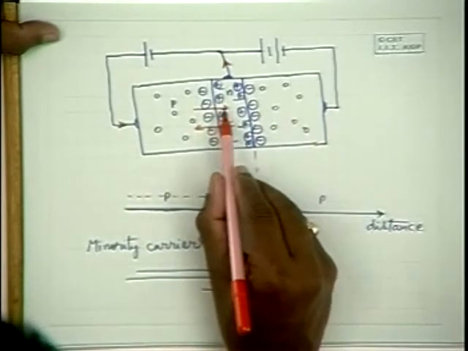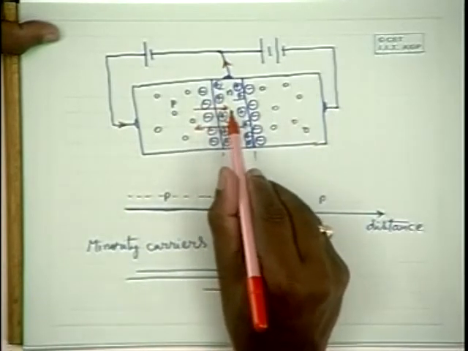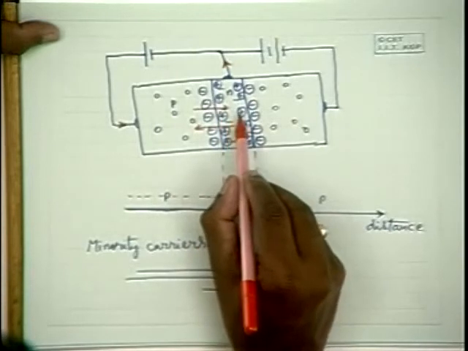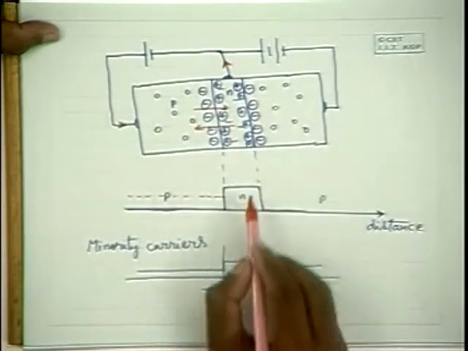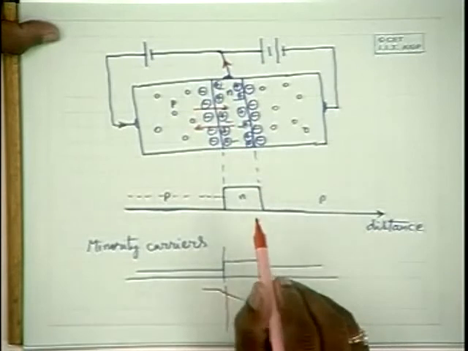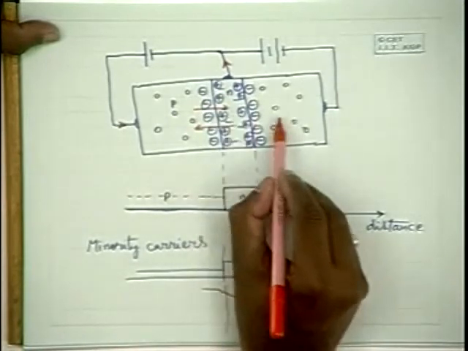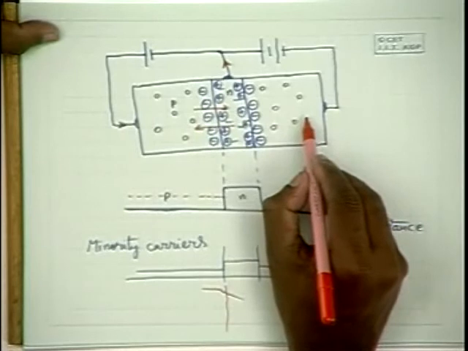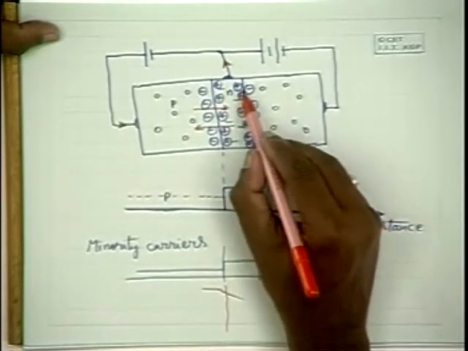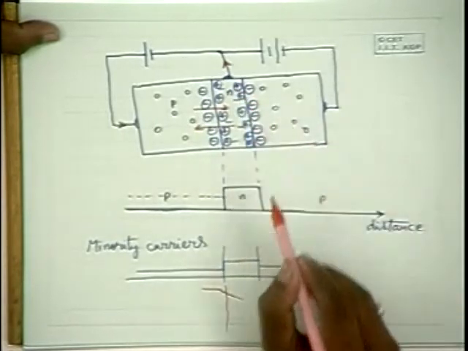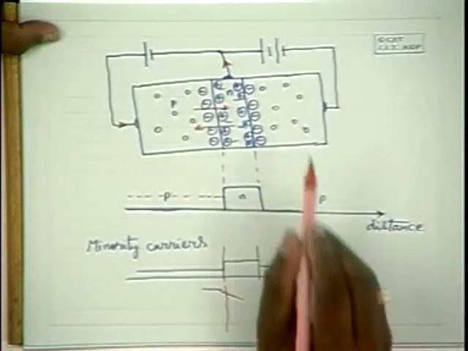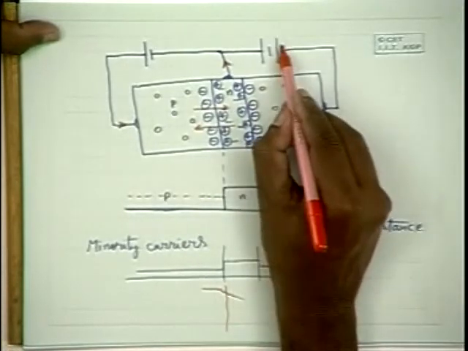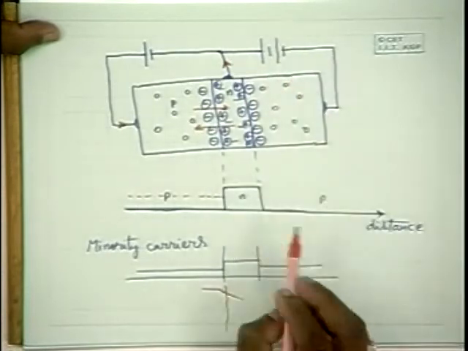So before an appreciable amount of recombination takes place, the holes are attracted by the potential difference over here, and they cross the base into the collector p side. Why? Because you have the potential gradient of the opposite type here, and this p side is biased with a negative potential.